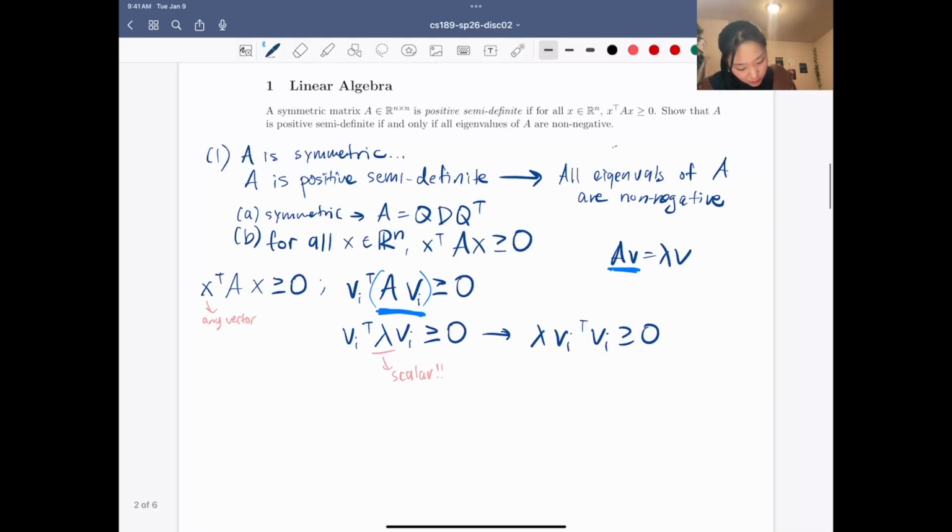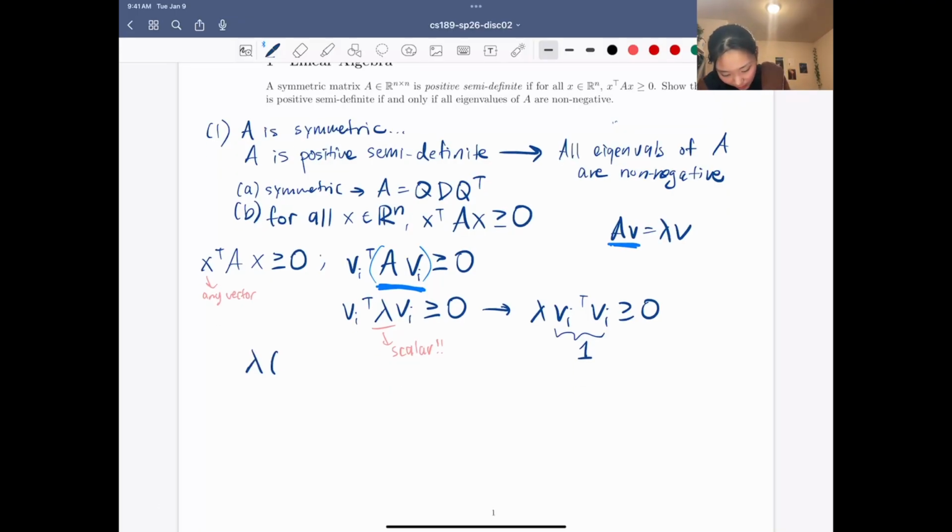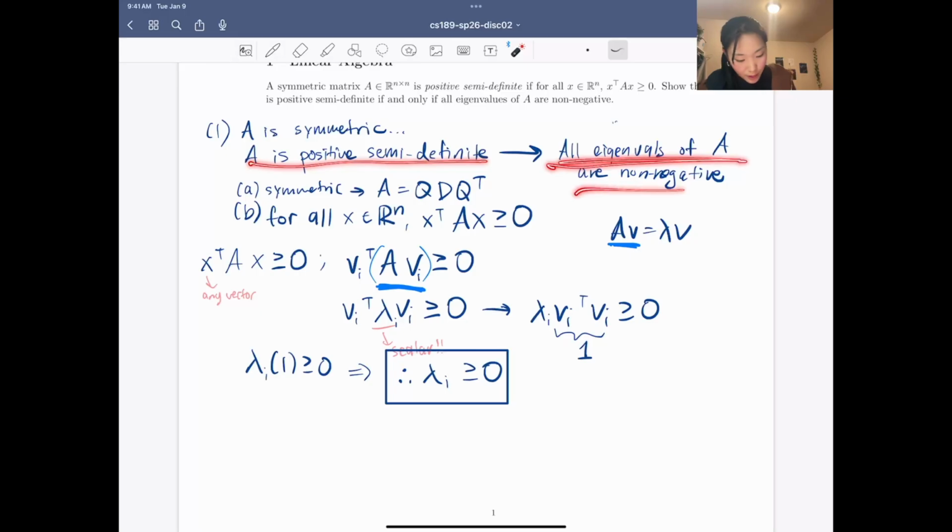And so this entire expression is just equal to 1. And so what we have is lambda times 1 is greater than or equal to 0. Therefore, lambda is greater than or equal to 0. And this lambda should also have a subscript, by the way, just because every eigenvector has its corresponding eigenvalue. Sorry, I forgot that. And so we have just proved part A, which is that given that A is a positive semi-definite matrix, all the eigenvalues of A are non-negative, and you can see that right over here.